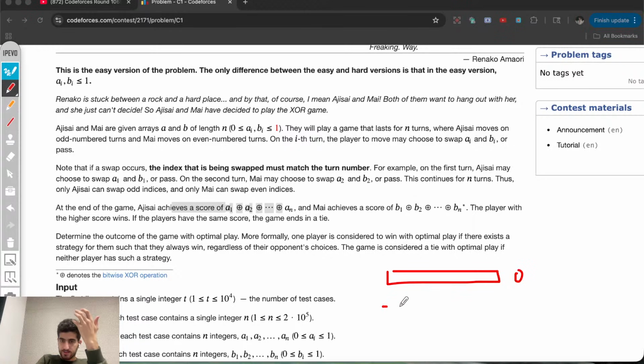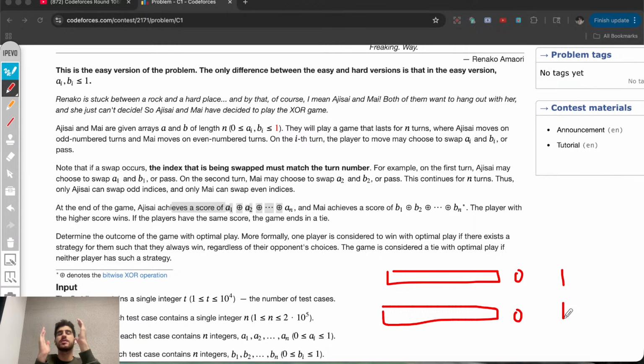Which means that in total, they will be equal if in total we have an even number of ones. If we have an even number of ones, what is XOR? XOR means the parity of the number of ones they have, because everything is between 0 and 1, right?